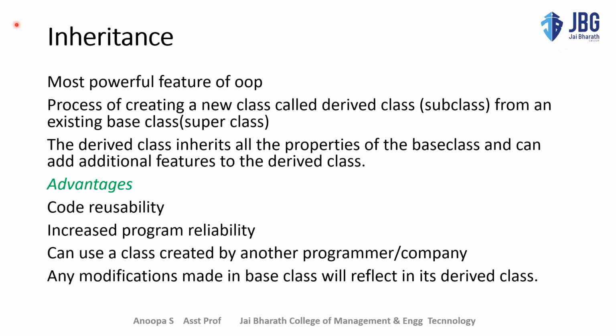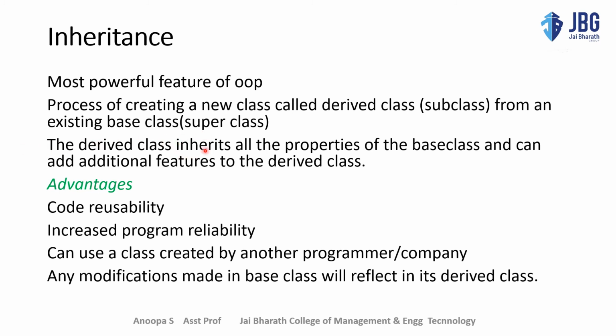Now next is inheritance. It's the most powerful feature of object-oriented programming. It's the process of creating a new class called a derived class or subclass from an existing base class or superclass. So already you have a base class or superclass, and you will be deriving a new class called a derived class or subclass from that superclass.